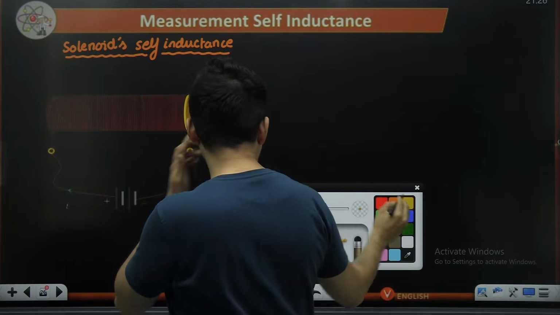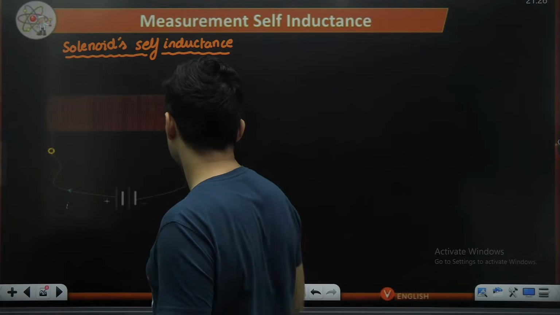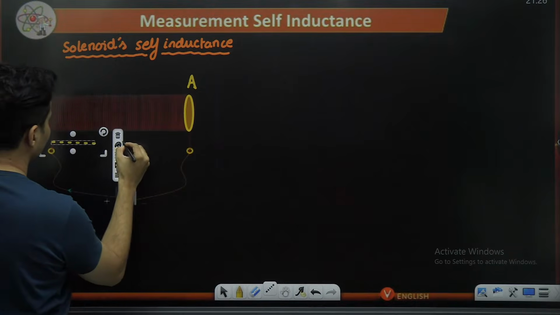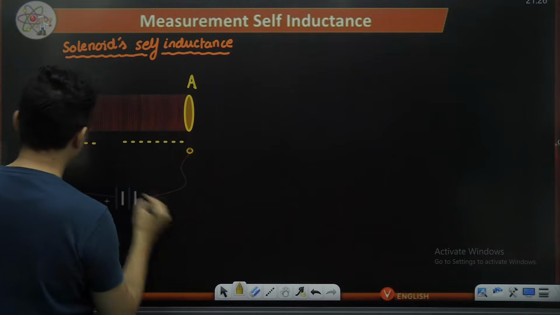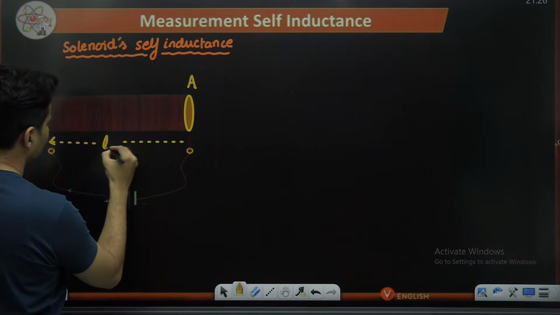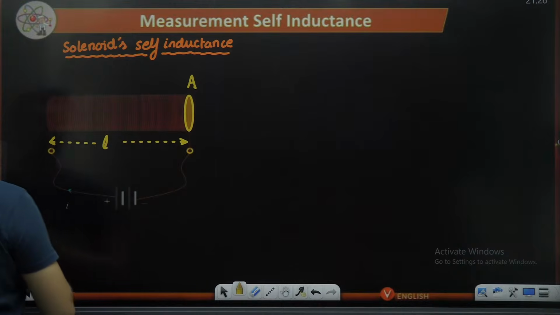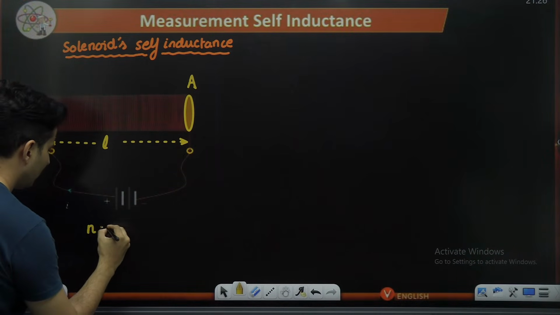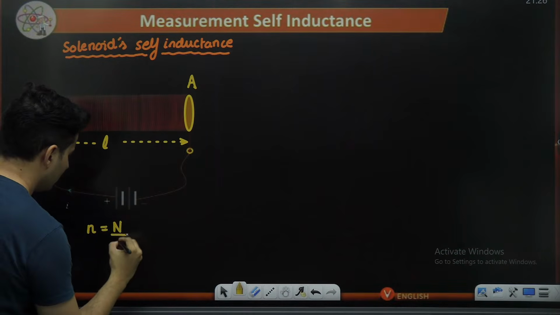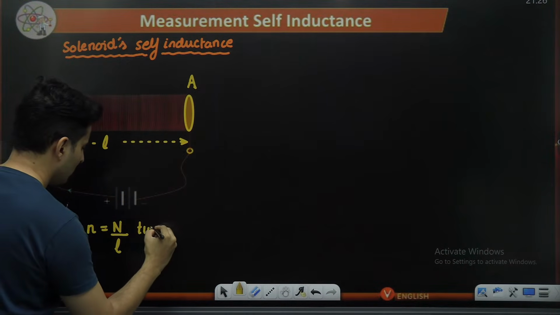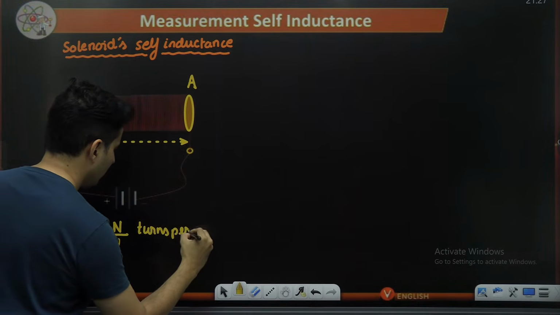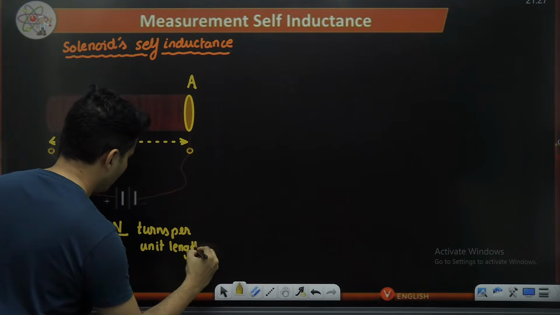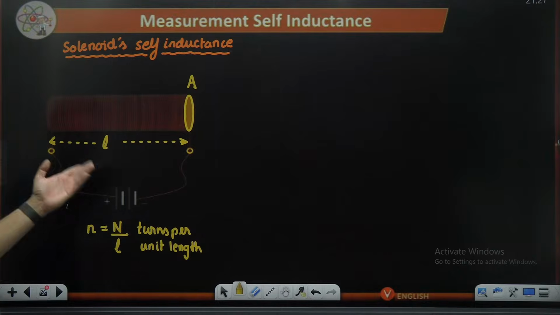So the area of the coil is given. The length of the coil is also given. What else you need? Number of turns per unit length is also given. Small n, which is the number of turns per unit length. Capital N is the total number of turns.